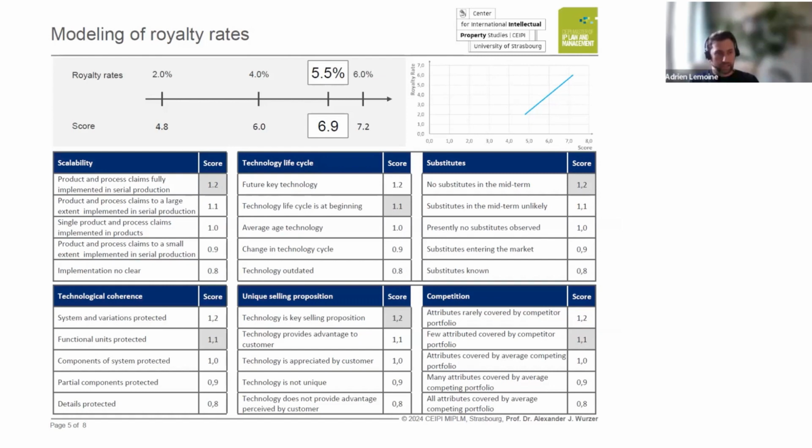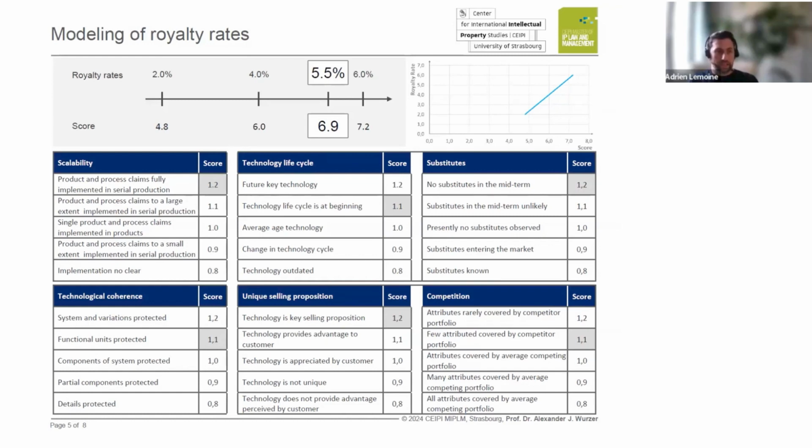The technology life cycle is at the beginning, so the score is 1.1. As the competitor didn't take action for a substitute from a legal point of view, we used the higher score of 1.2. As the portfolio of Schneider is mainly about spare parts and functional units, the score is 1.1.